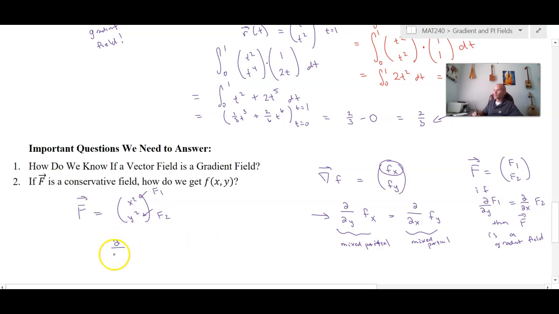If I take the derivative with respect to y of f1, well, the derivative with respect to y of x squared is going to be 0, since we're holding x constant. If I take the derivative with respect to x of f2, well, we're taking the derivative of y squared with respect to x, that will be 0. And so we see that the two partial derivatives are the same, and so our conclusion, therefore, is that f is a gradient field.